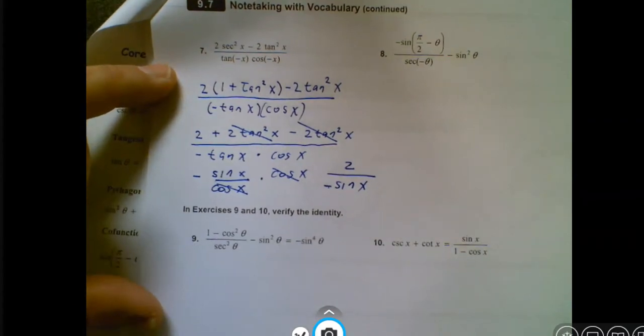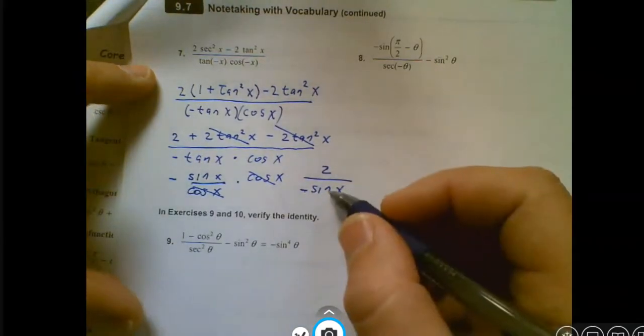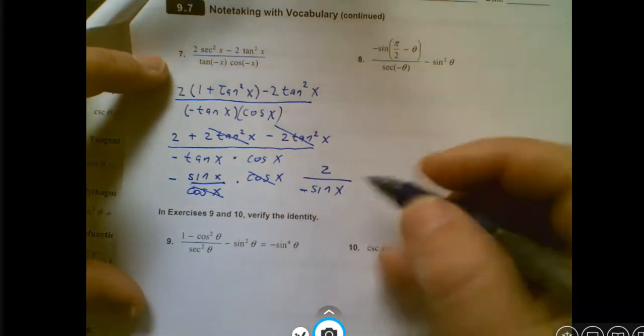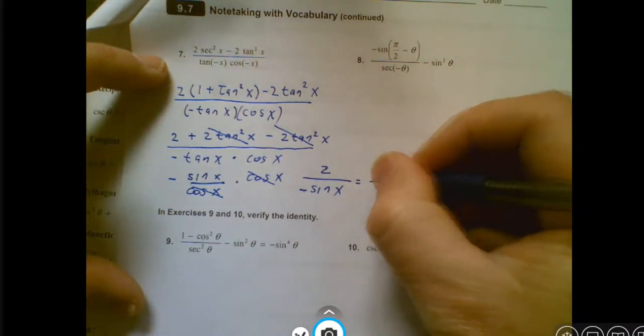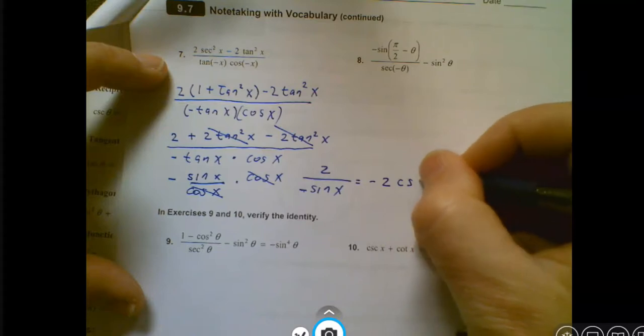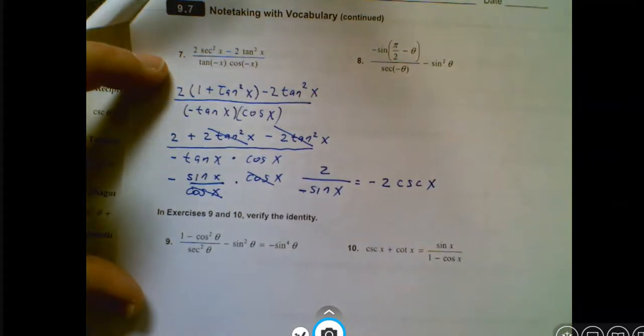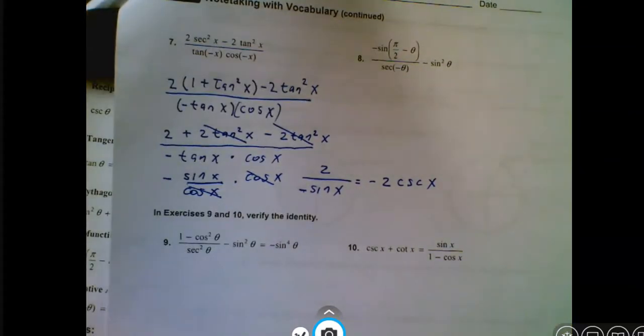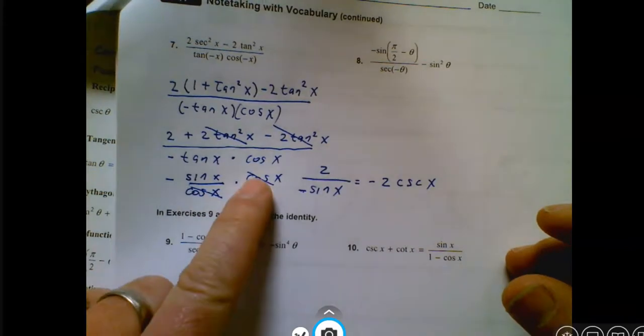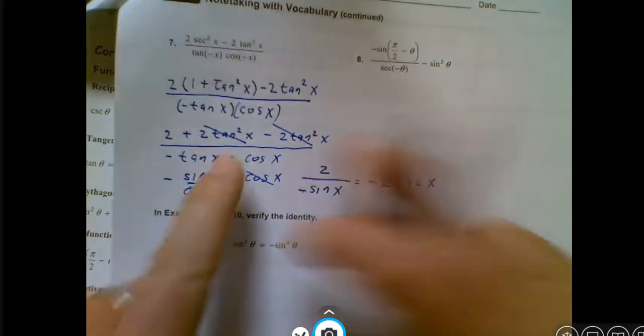And so the one last thing we could do is, remember, the inverse of sine is cosecant. So if I want to bring that up top, I could write it this way. And that would be our answer. So some of these, it's just a matter of looking back at those identities and formulas and just substituting so that we can find things that would cancel and simplify.